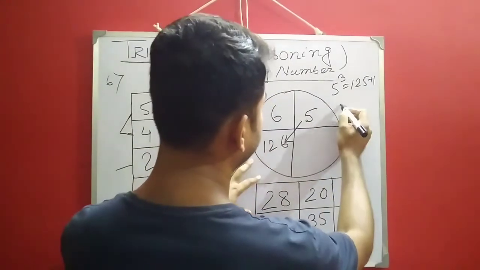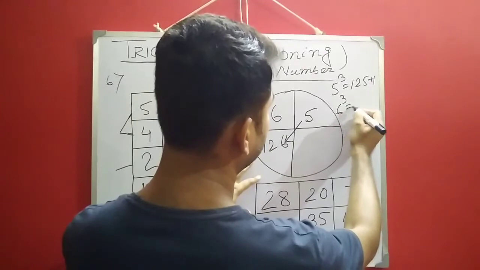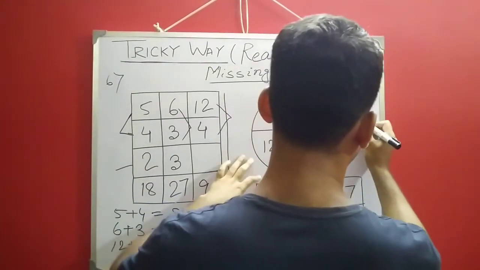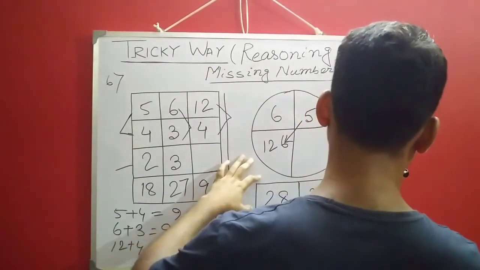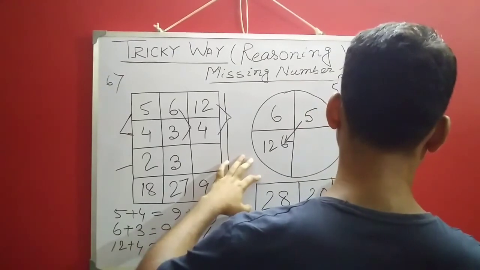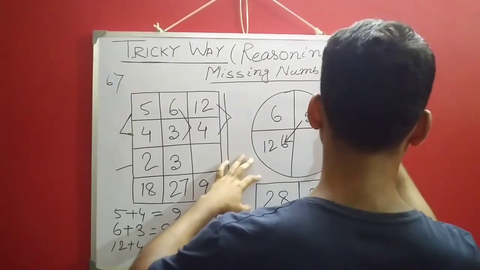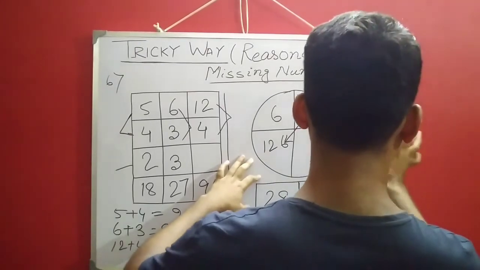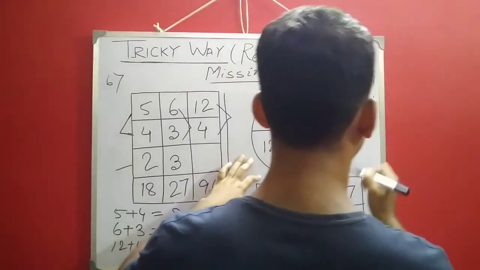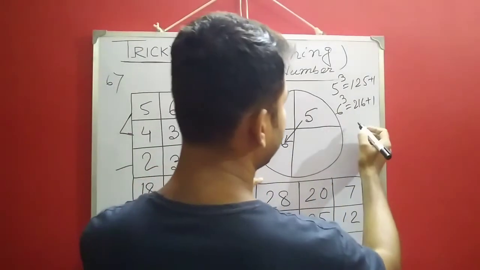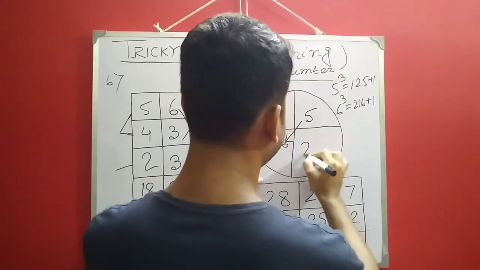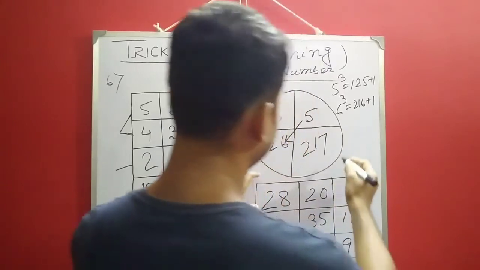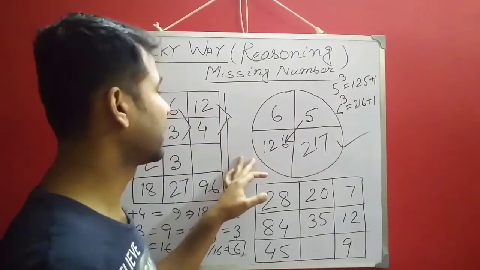Similarly, 6 cube is 216 plus 1, which means 217. 217 will be the answer for this value.